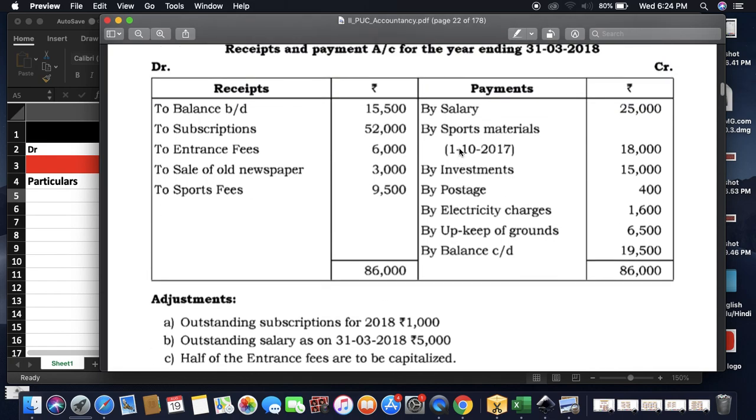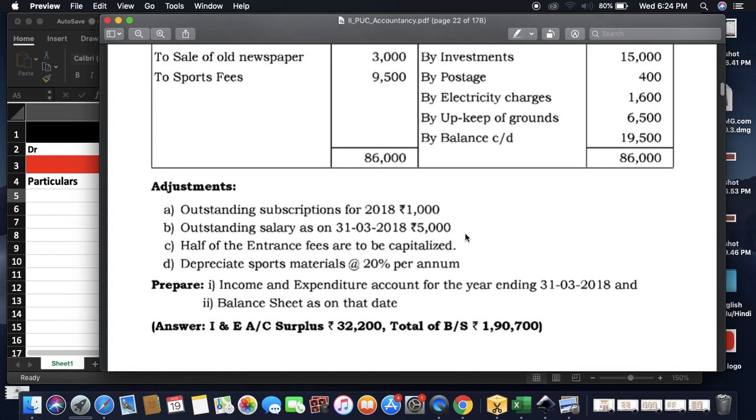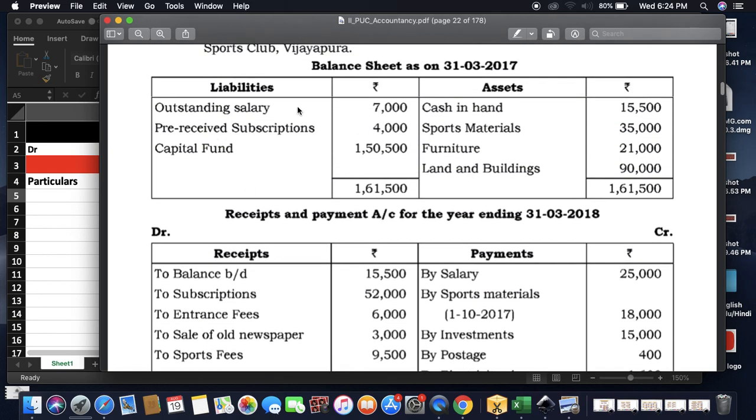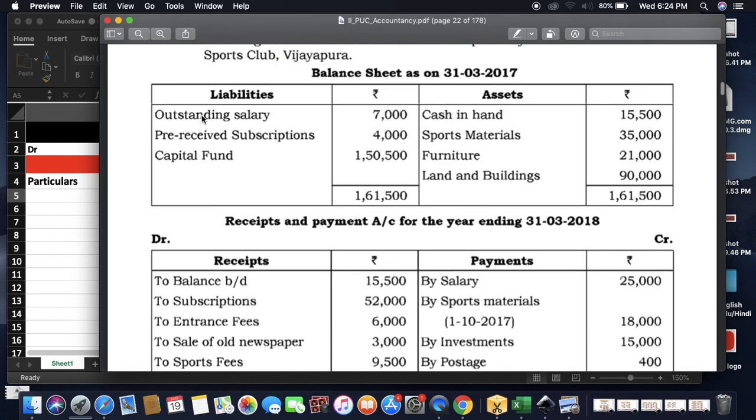Therefore we need to write this amount and add this amount. Then you will have to go into the balance sheet and see if there was any previous year's outstanding. From this 25,000 we have paid this 7,000 which was outstanding of last year. Therefore we have to minus this amount.